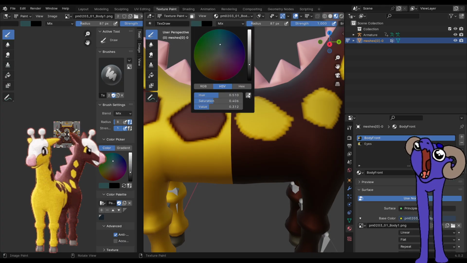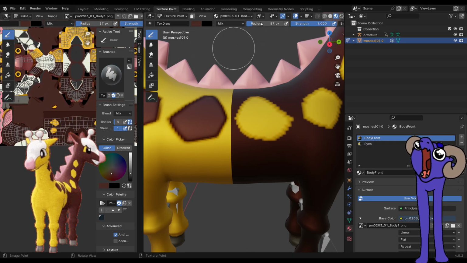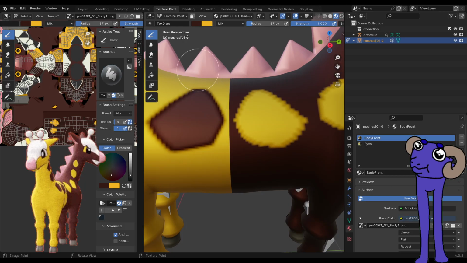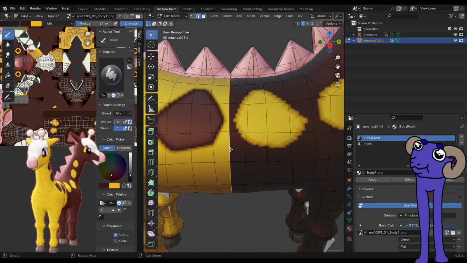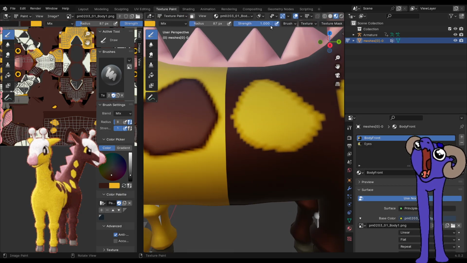And we're going to grab that dark brown we've been using, and also that yellow we've got. Probably want a much smaller brush than that. Is there just a blur tool? There is a blur tool.